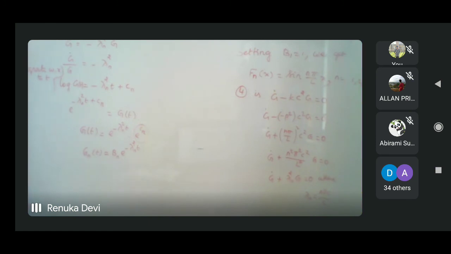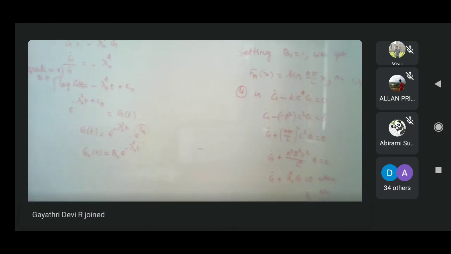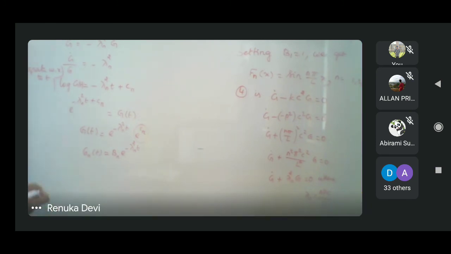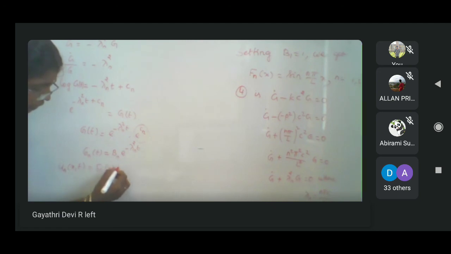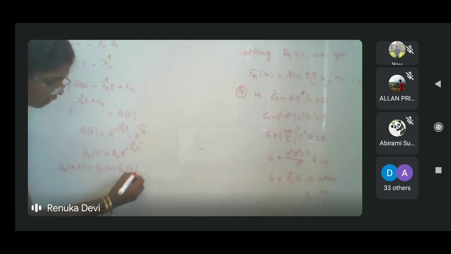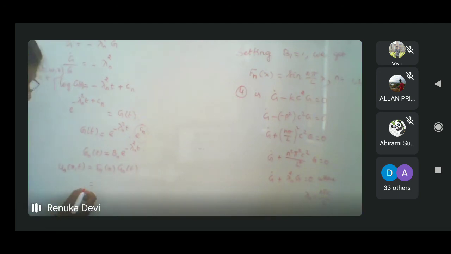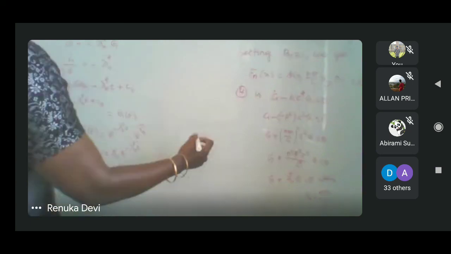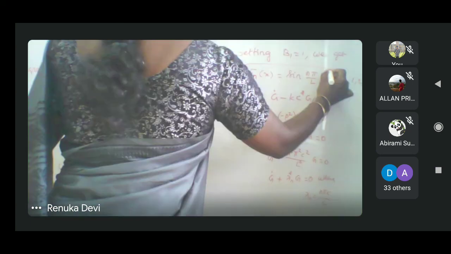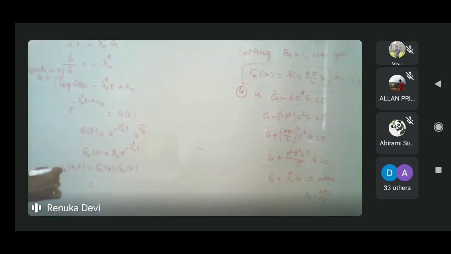Therefore, actually we have to solve u. Therefore, un of x comma t is fn of x into gn of t. Is it clear? Therefore, what is fn? This is your fn, and this is your gn. Now you substitute both values.